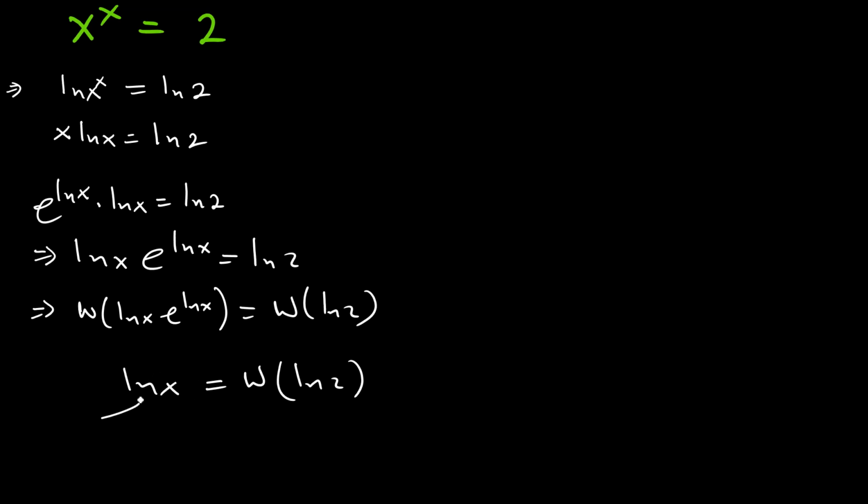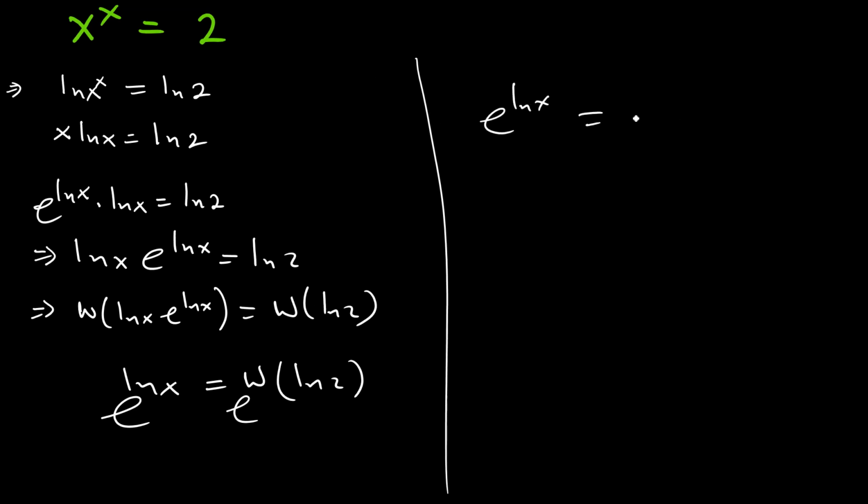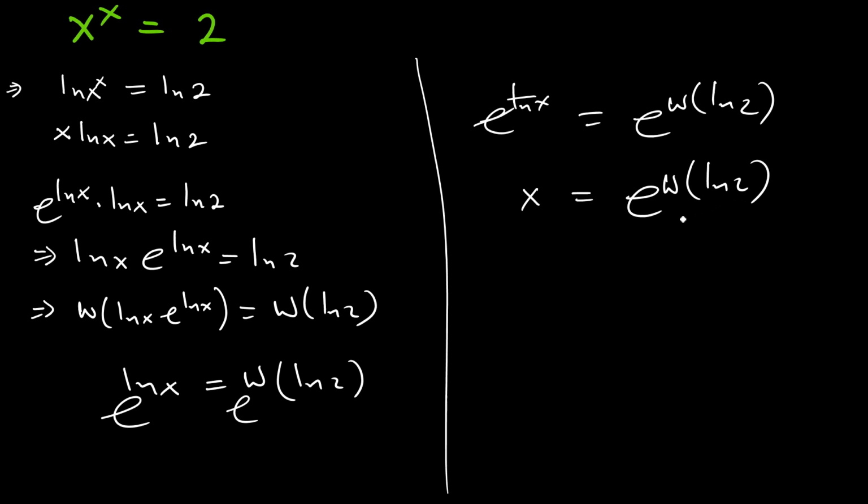So let's take e on both sides by raising both sides. Taking that, we have e raised to ln of x equals e raised to the Lambert W function of that. So this and that cancel, and we are left with x. So the answer is e raised to the Lambert W of ln 2.